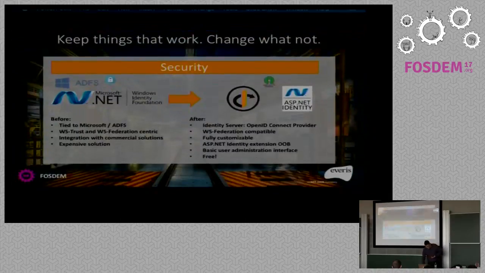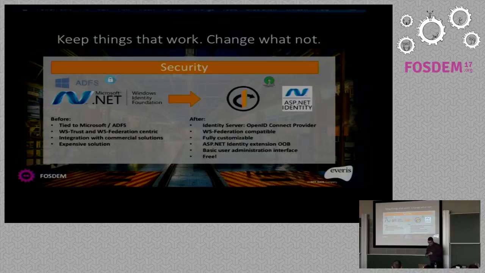And last but not least, in terms of security, we have extensively relied on Active Directory Federation Services, Windows Authentication, and the Windows Identity Foundation module from Microsoft. And lately we are switching to an open source solution that you can freely download at GitHub, called Identity Server. Identity Server follows the OpenID Connect specification. It is WS-Federation compatible.